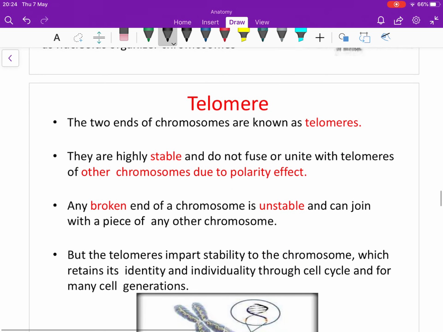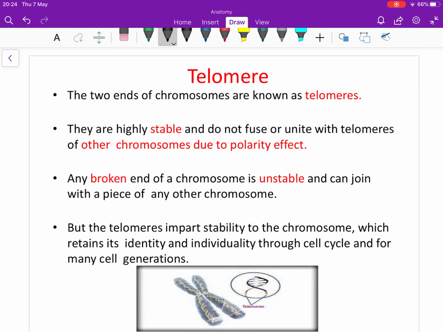Then the next part, that is telomere. Telo means tail, and mere means region. So it is the tail region, the region which is present at the end.